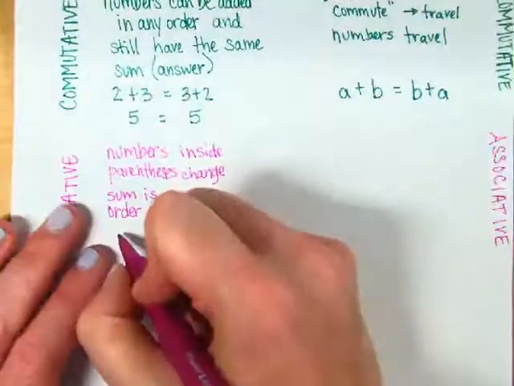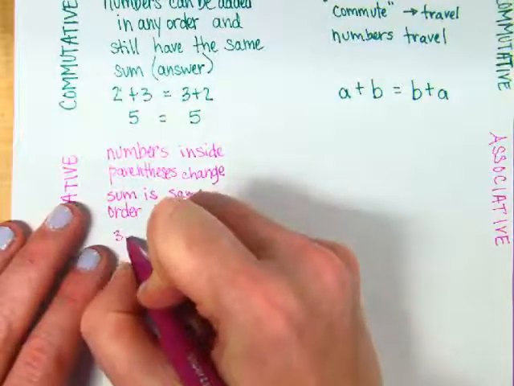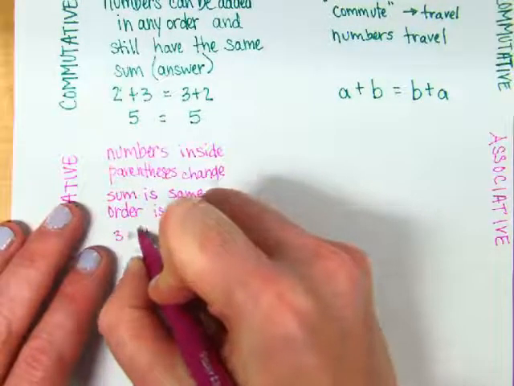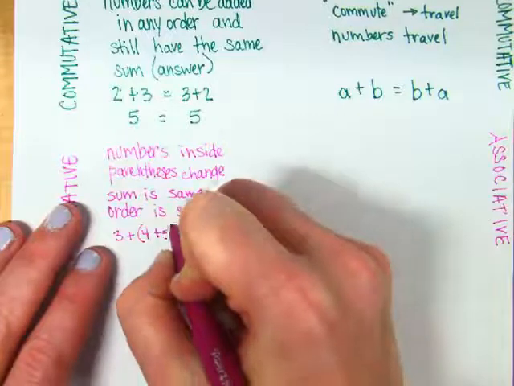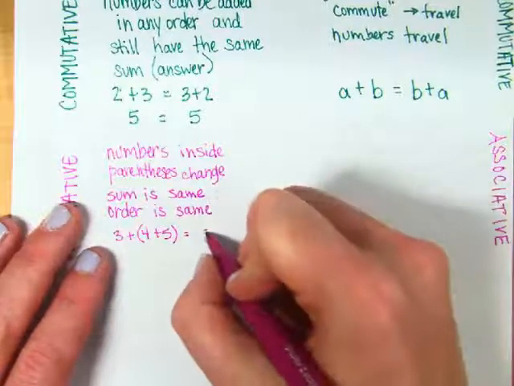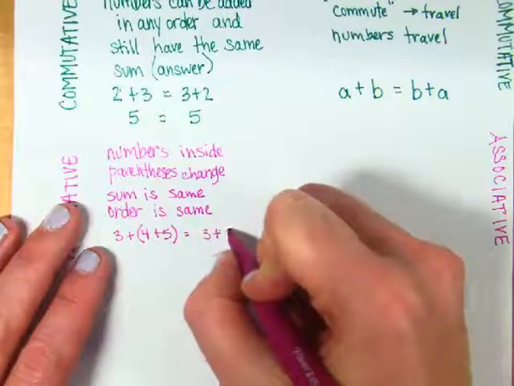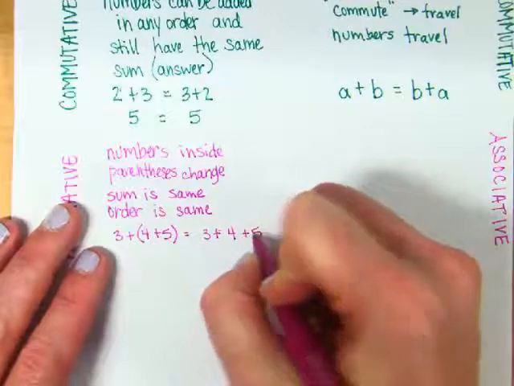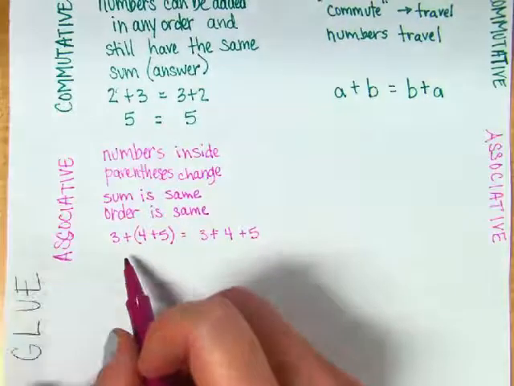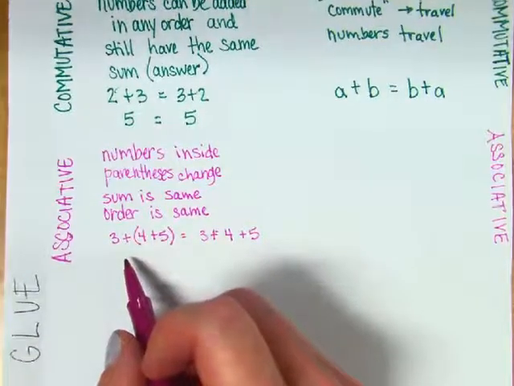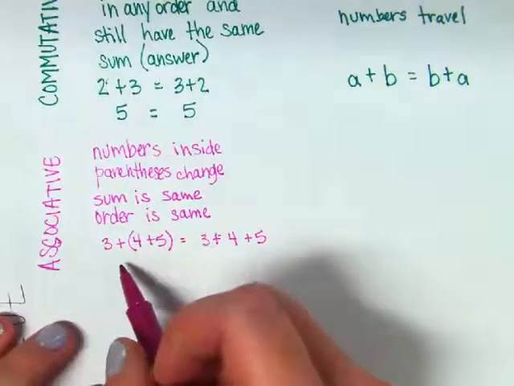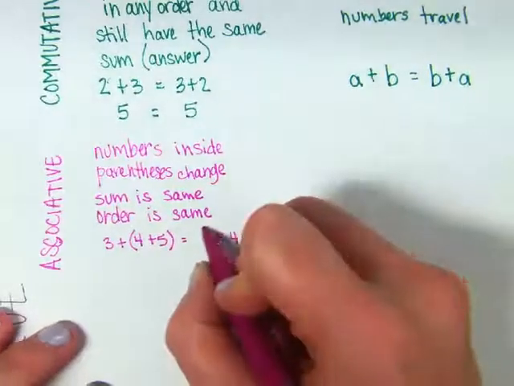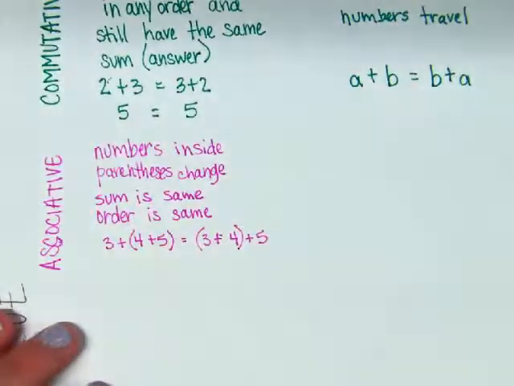So if we had the numbers 3 plus 4 in parentheses plus 5, those numbers are in the same order. However, I'm going to change which ones are in the parentheses. I'm going to put 3 and 4 in parentheses here.